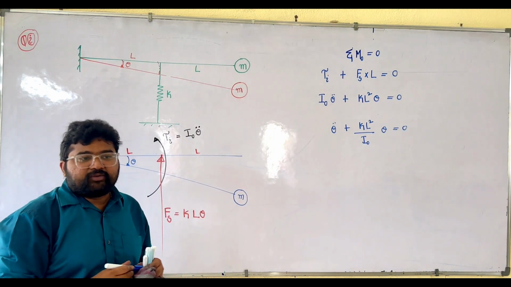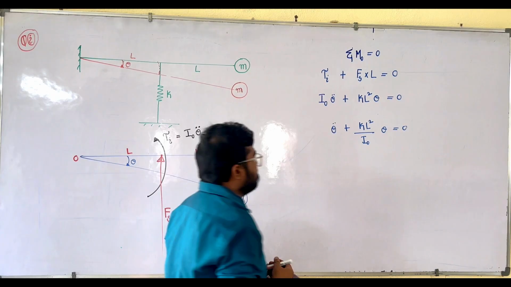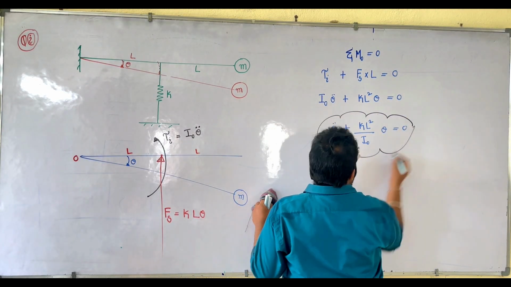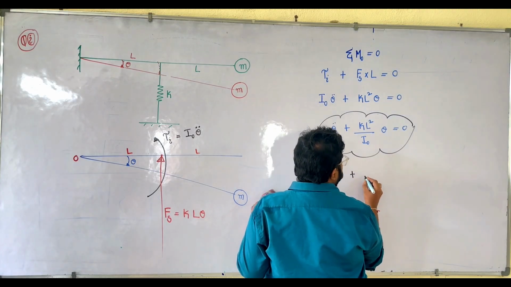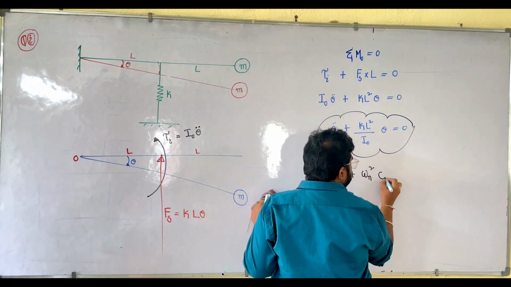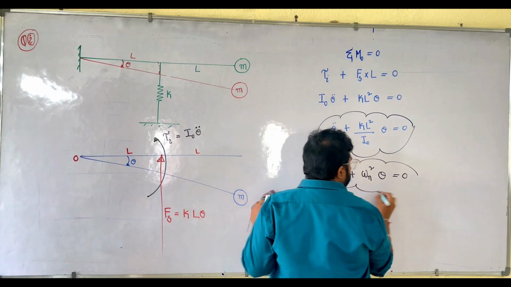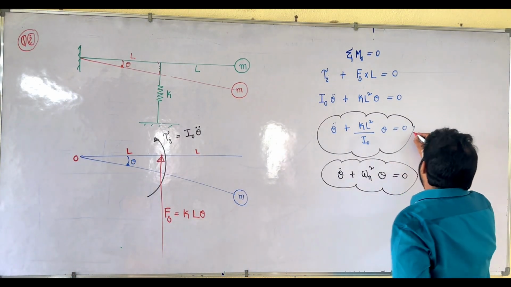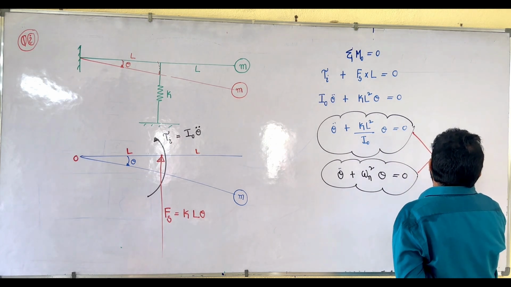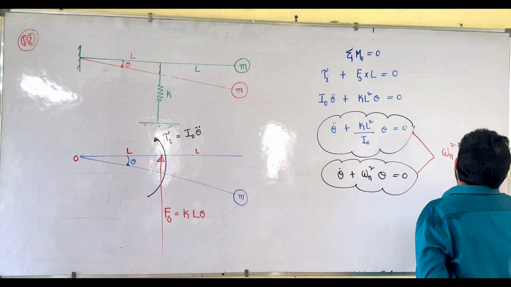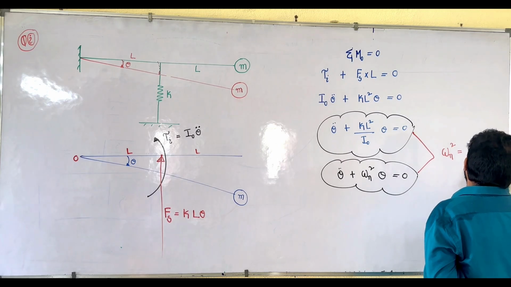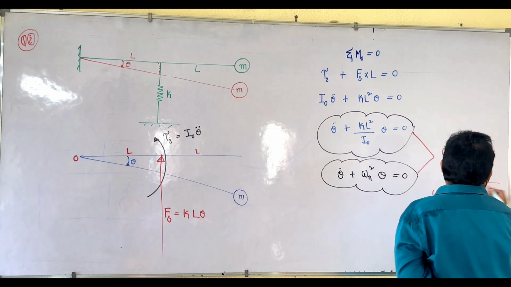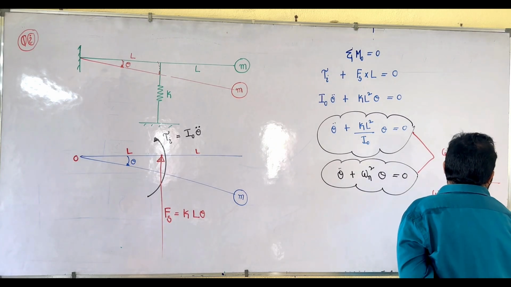Then omega n. What is the time period of oscillation? We need to compare with theta double dot plus omega n square theta equal to 0. From here, omega n square equals K L square by I naught.